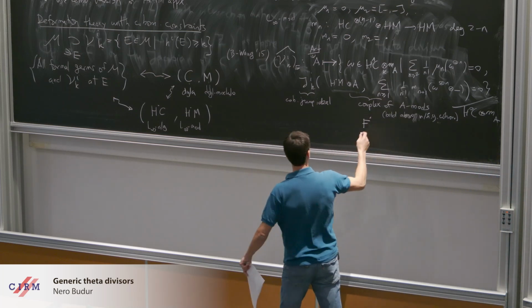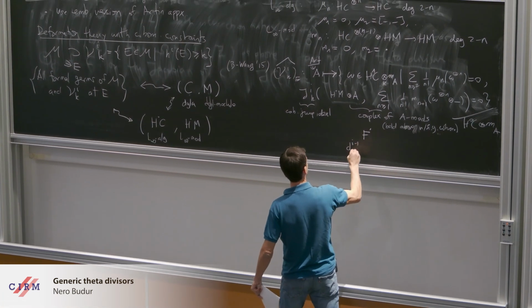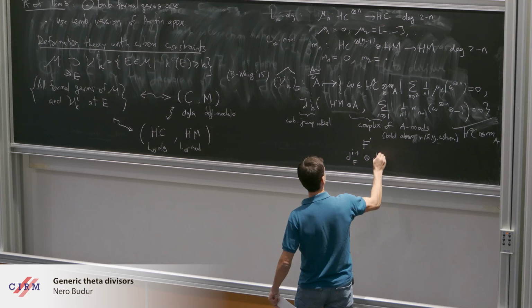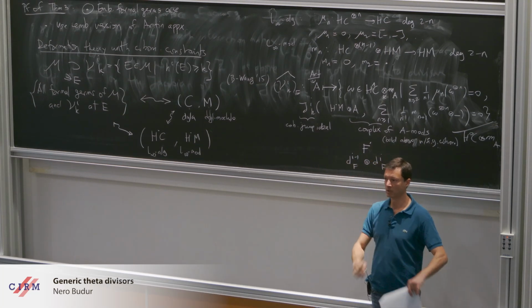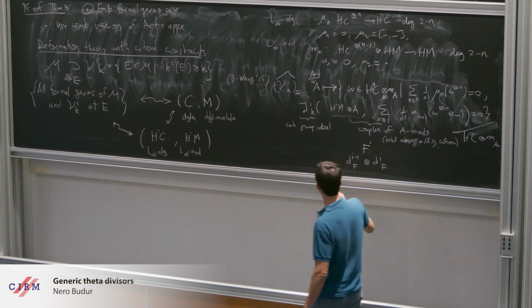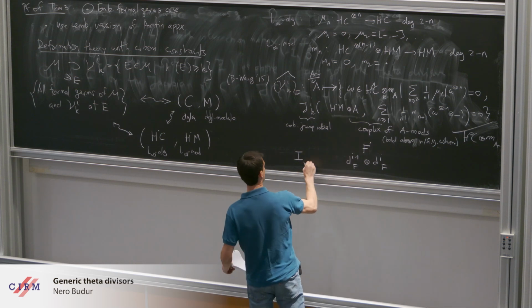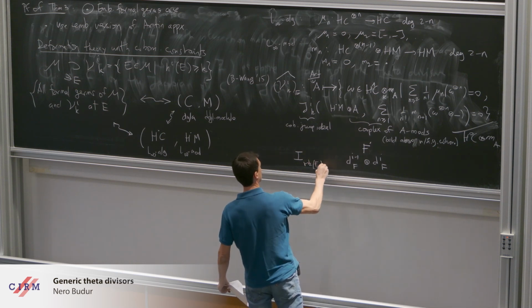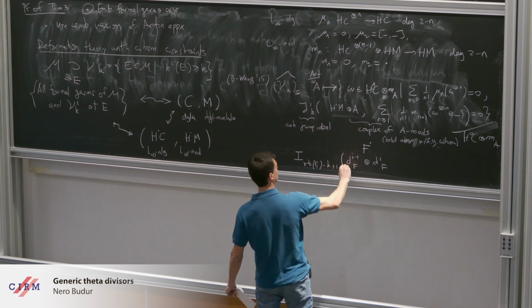And then in that free resolution, you look at d_{i-1} direct sum d_i of F. So the two matrices, you put them together and you form a big matrix from the differentials of that free resolution. And then you take the ideal of minors of size rank of F_i minus k plus 1.